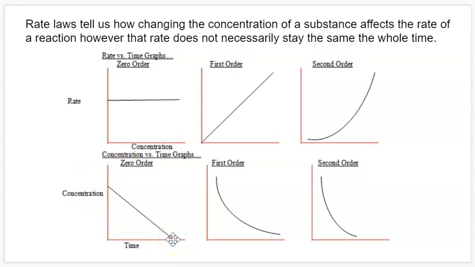It's going to be the same rate the whole time. For a first order one, you'll see it's an exponential decay, because as the concentrations start to decrease, you're going to have less collisions, and therefore the rate is going to slowly decrease over time, even though there's a linear relationship between the starting concentration and the rate. And then for second order, it's also going to be exponential, but a little bit more severe.